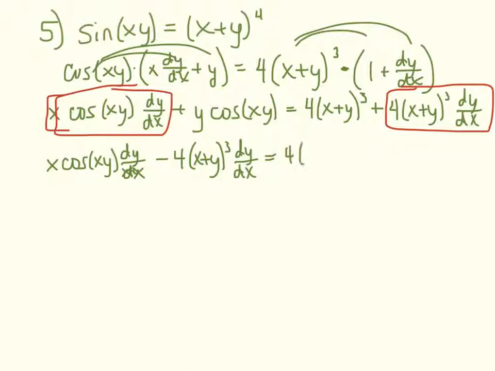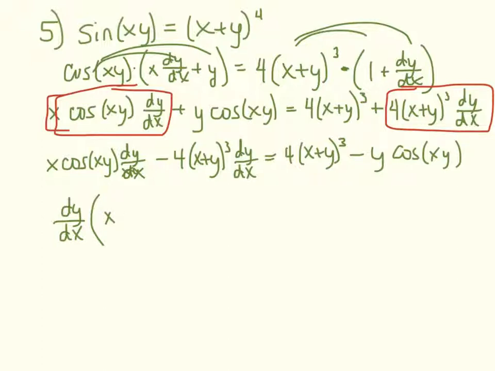So I'm going to keep the 4(x plus y) cubed and I have to subtract away the y cos xy. Okay, factor out the dy/dx over here. Very tedious, but I don't think any of this is extremely hard. It's just tedious and you have to work very slowly so you don't make mistakes.